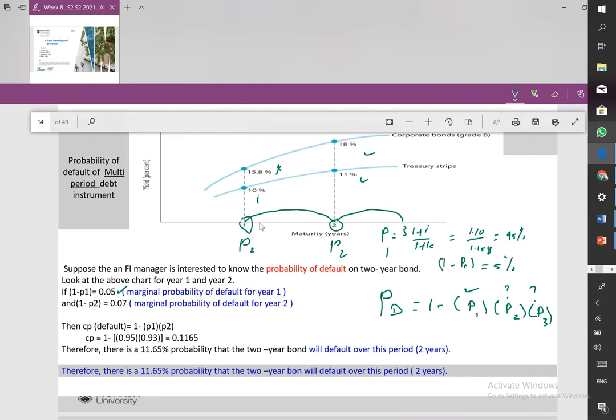Assuming now the B2 is 7%, then the cumulative default is 1 minus B1 times B2. If I use these numbers, I can get the probability of defaulting over 2 years of 11.65%, and then I can actually price or check my return. So this is how we do it over 2 years.